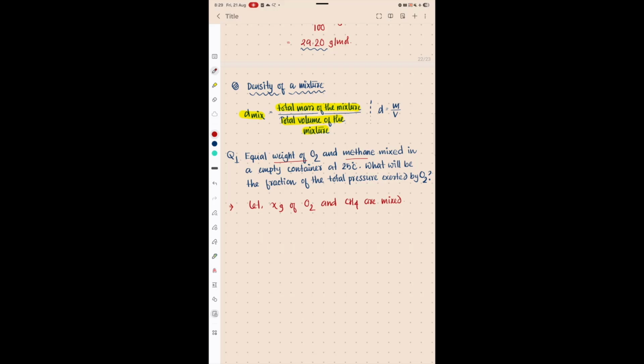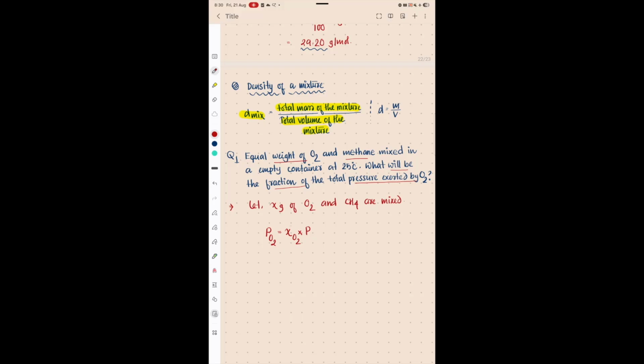So the question asks what will be the fraction of the total pressure exerted by O2, right? So they are asking to find PO2. PO2 is equal to the mole fraction of O2 times the total pressure, right?